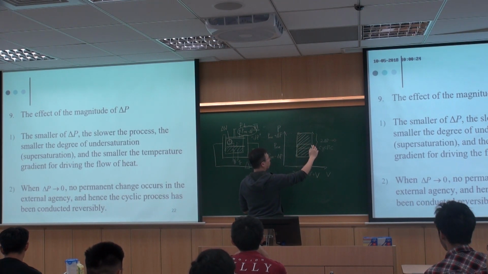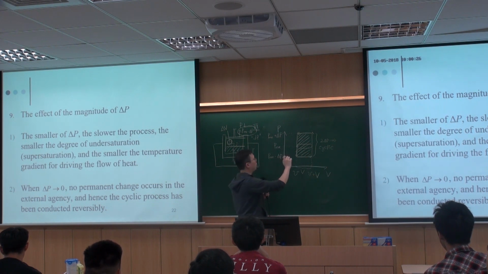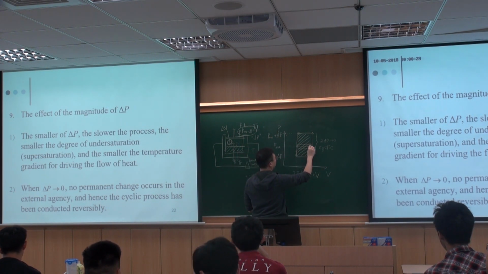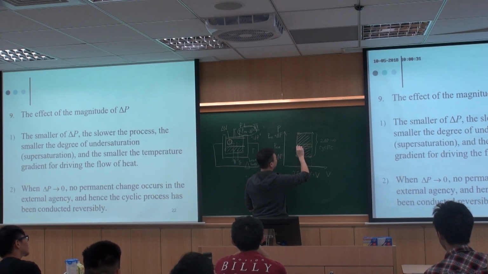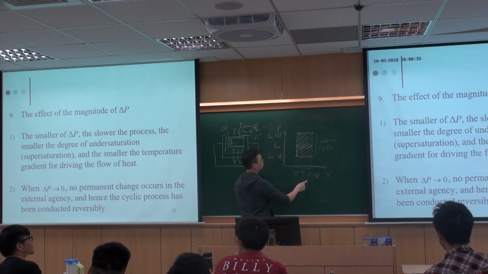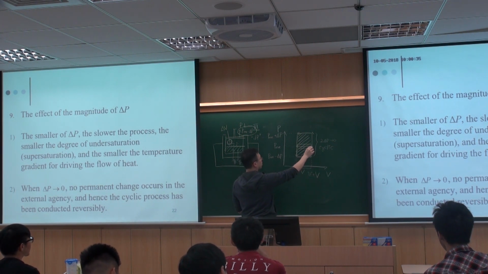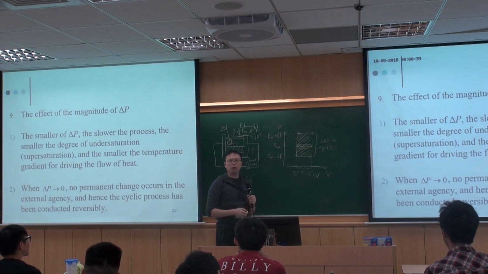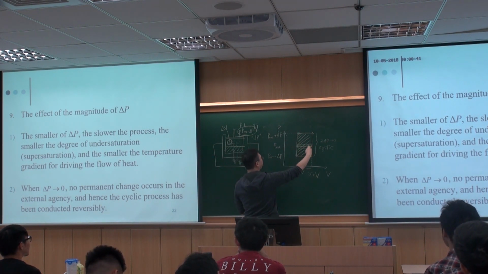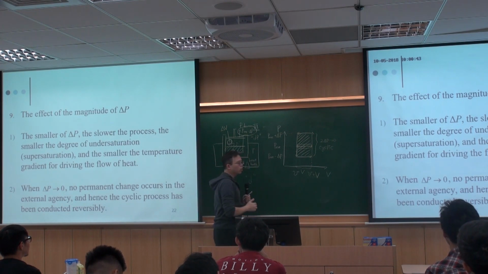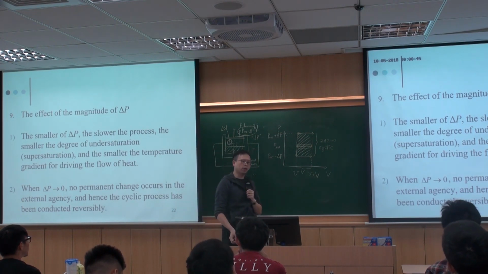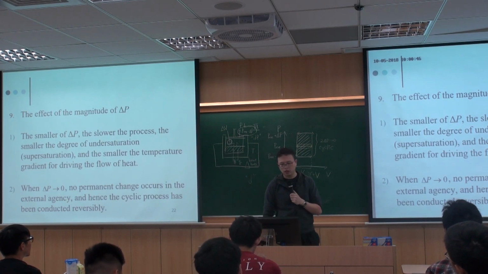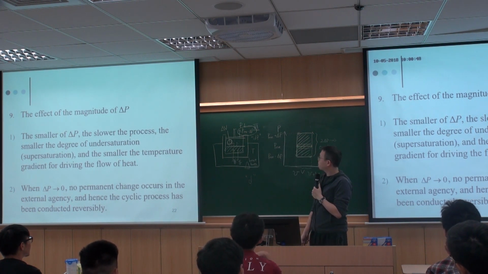And then if the delta P is becoming smaller and smaller, this will be just a straight line. It will just go from here to V plus capital V, and then we will go back reversibly. And there's no this area, or the work that has been converted into heat waste, and that's the thing that we don't want.